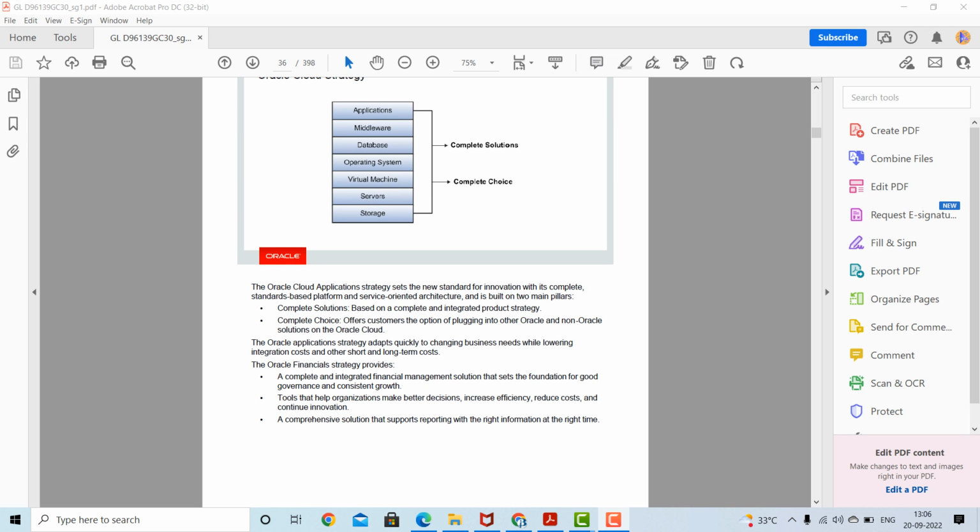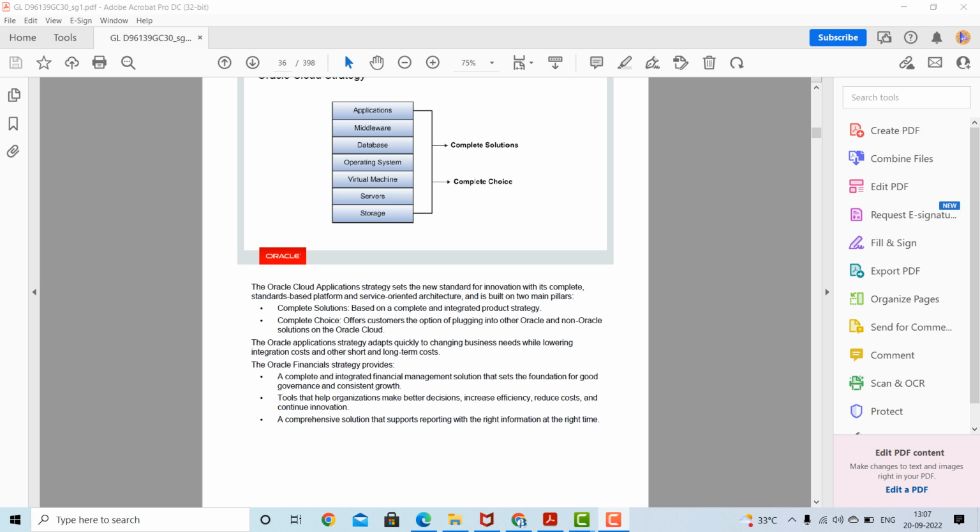So the Oracle application strategy adapts quickly to changing business needs while lowering integration cost and other short and long term costs. A complete and integrated financial management solution that sets the foundation of good governance and consistent growth.